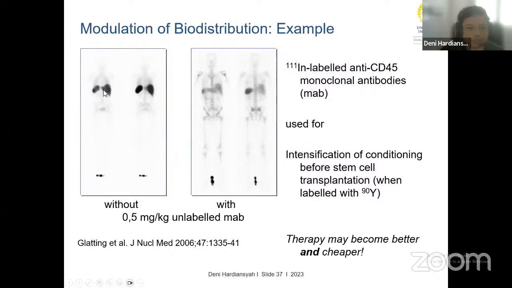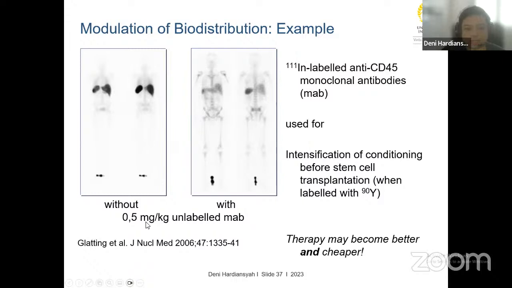As you can see from this patient, we have a very high accumulation of the radiopharmaceutical drugs inside the kidney and also the liver. And this is not good, because then we have a very high radiation absorbed dose to these healthy organs. And we can use this preloading.